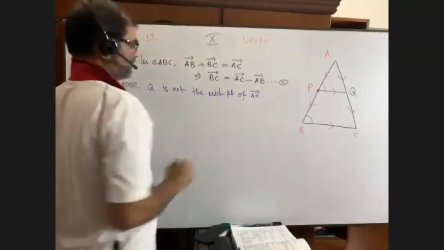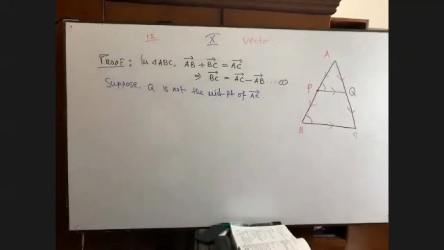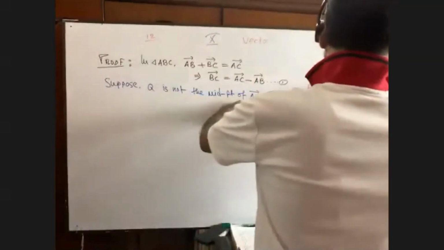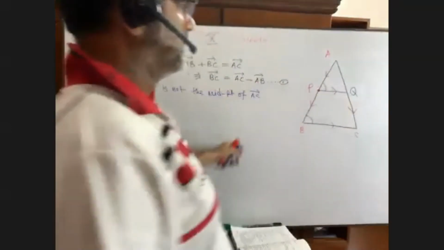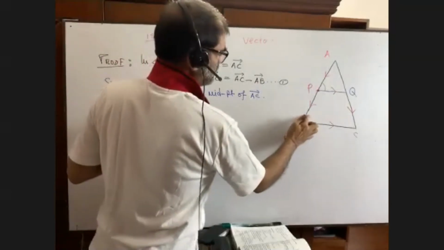Please try to understand. We have to prove that Q is the midpoint. Okay, we let Q is not the midpoint. If Q is not the midpoint, then there is a point. Which one will be the midpoint? If Q is not the midpoint, please try to understand.